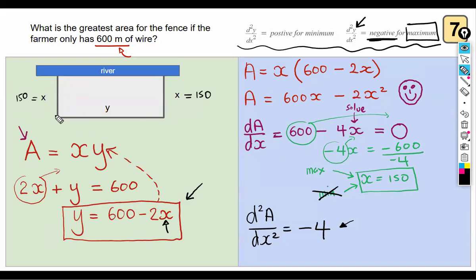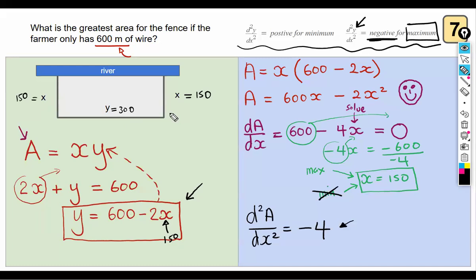Or you could say the length of the fence is 600. You have 150 and 150. How much again do you need to make? 600. You do it any way you want, but that's technically a primary school question. When you replace the x with 150, 2 by 150 is 300. 600 minus 300 is 300.